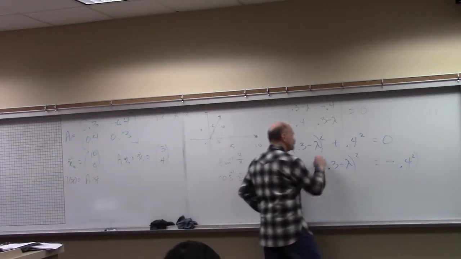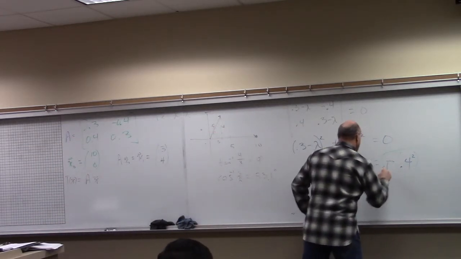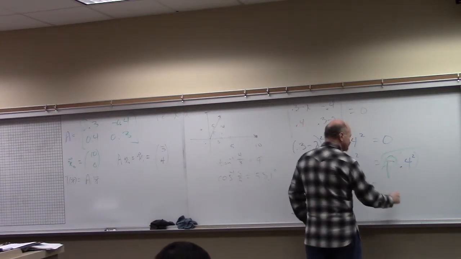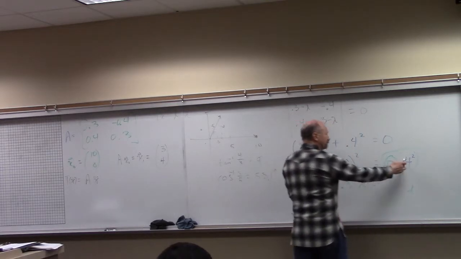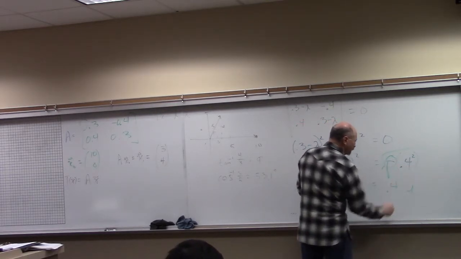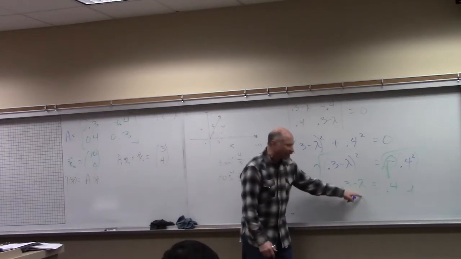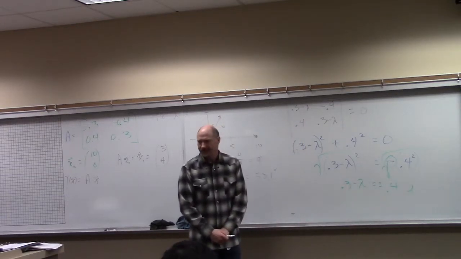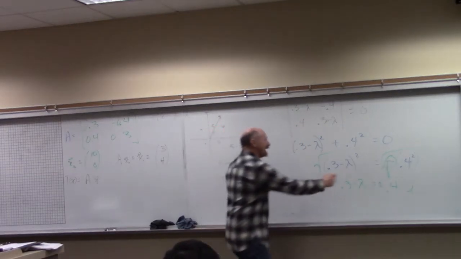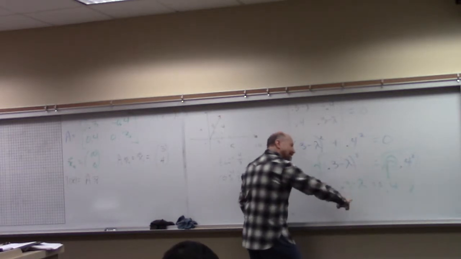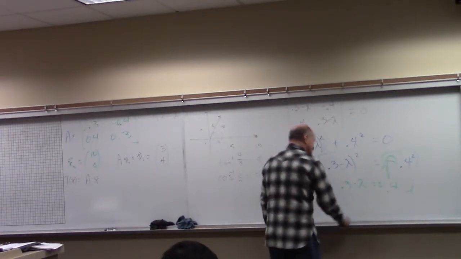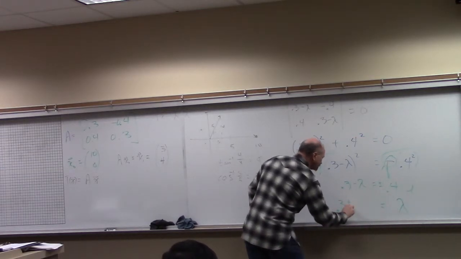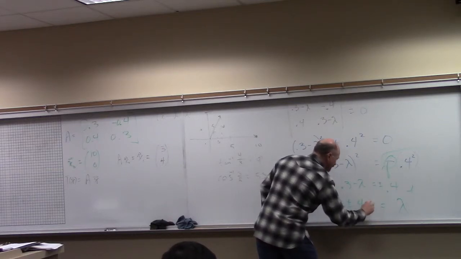And then, of course, when you take the square root of both sides, you get 0.3 minus lambda is equal to, now the negative gives us our i, and the square root of 0.4 squared is just 0.4. But we know this really needs absolute value bars, but we usually just throw that plus or minus on instead, right? Now add lambda to both sides, and add 0.4i to both sides, and we get lambda is equal to 0.3 plus or minus 0.4i.